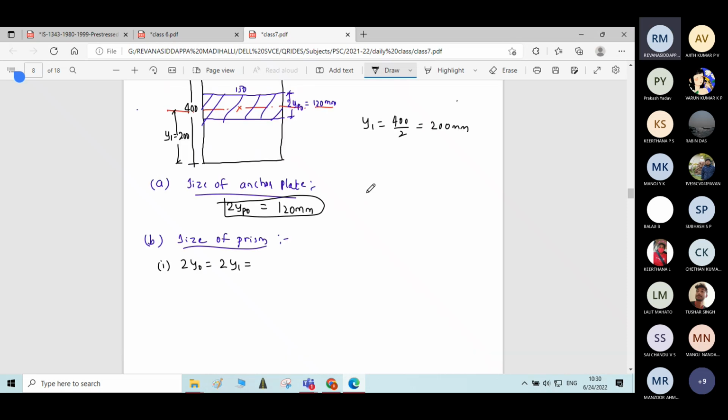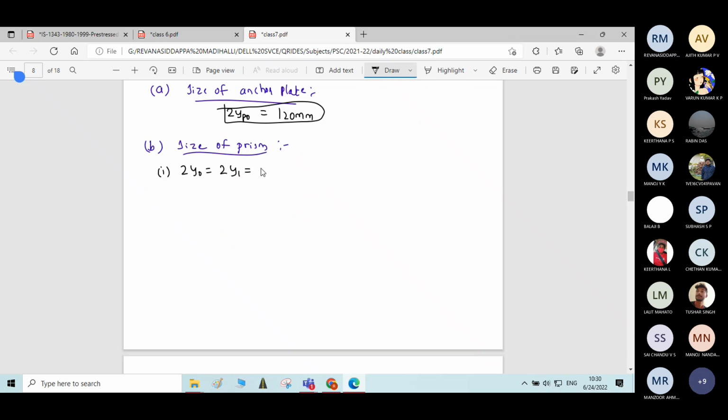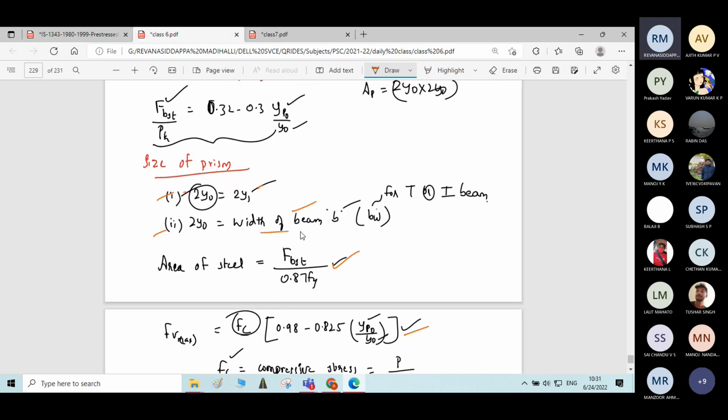Y1 is equal to how much? 200 mm. 2 into 200, 400 mm. Then one more calculation is there. What is that one more calculation? Width of beam.